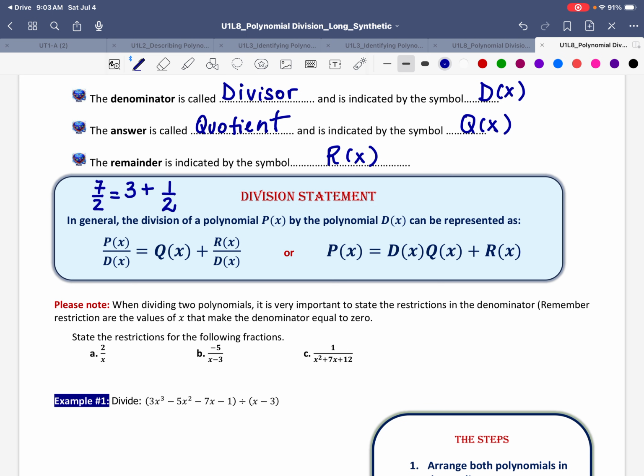Another easier way of remembering this is if you had the number 7 and you divide it by 2, you would get an answer of 3 and a remainder of 1.